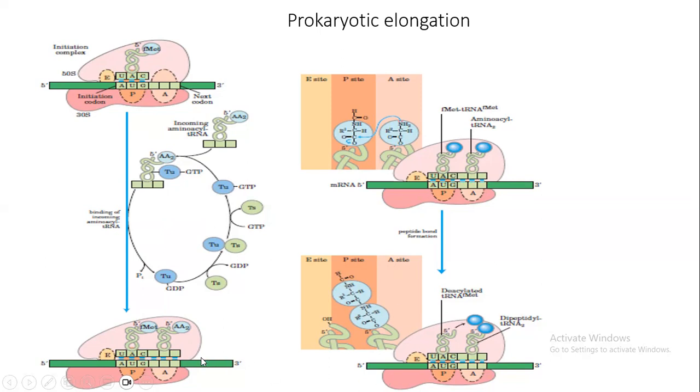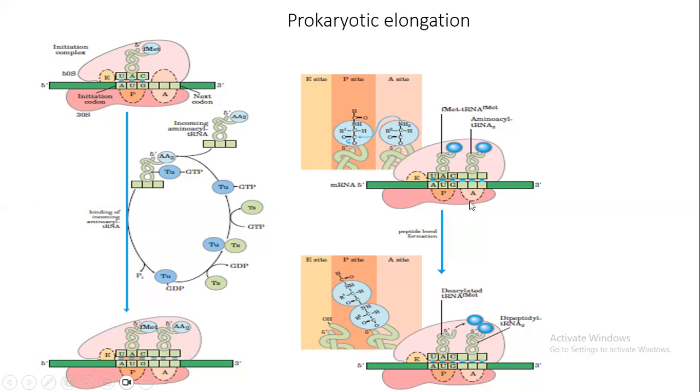Now the next step is peptide bond formation, wherein the amino group of the amino acid that is bound by its transfer RNA to the ribosomal A site will make a nucleophilic attack at the carbonyl carbon of the first amino acid bound to its transfer RNA.